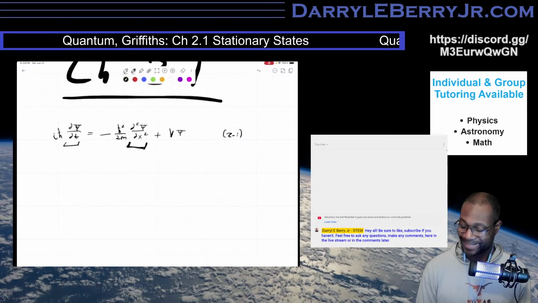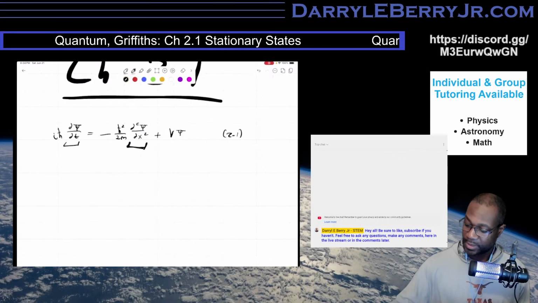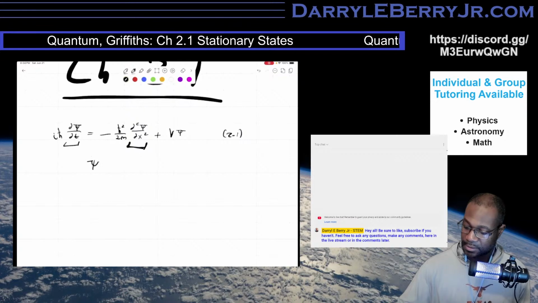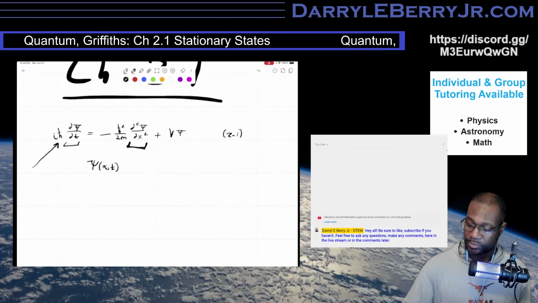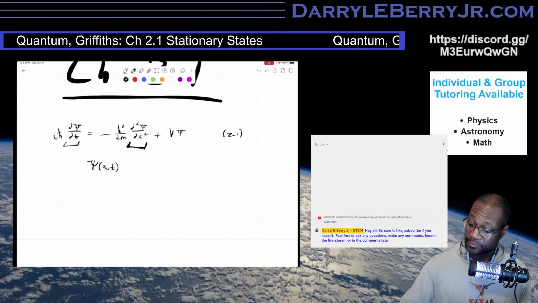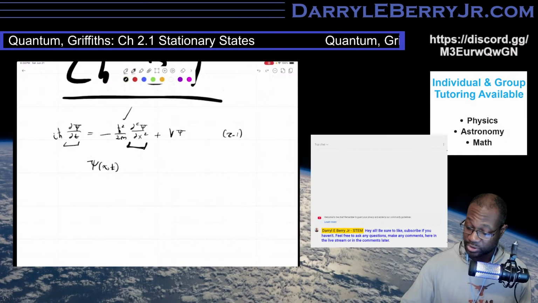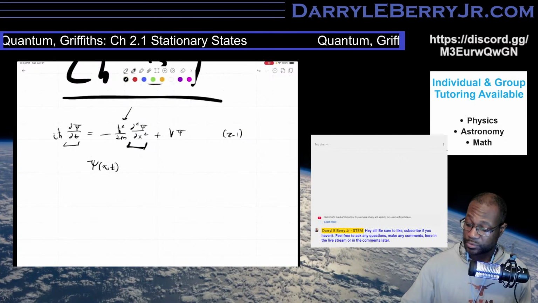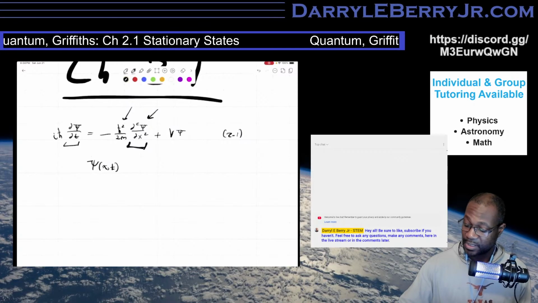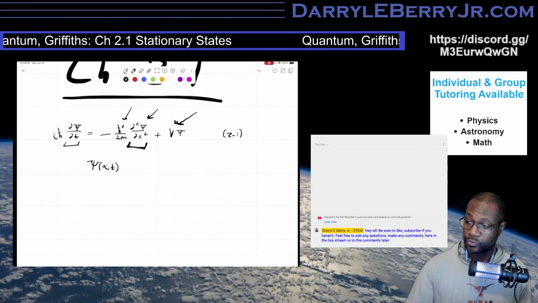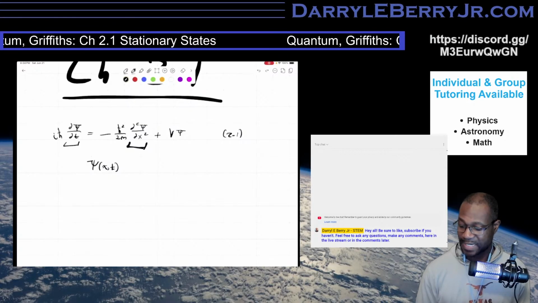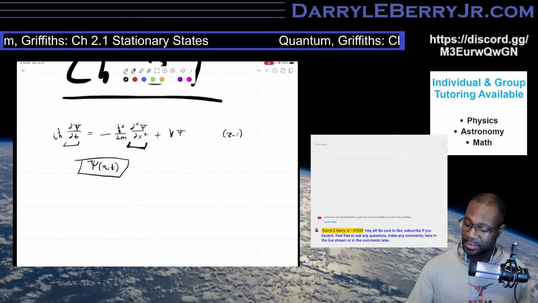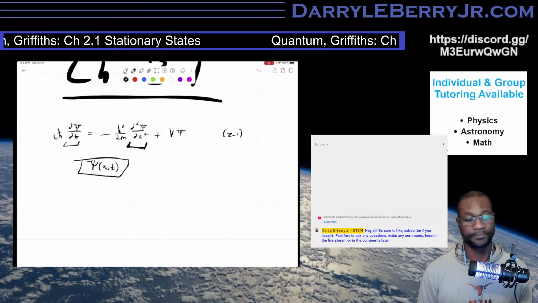So we need to find a psi of x and t that when you multiply it times i h bar and take the first derivative of it, it equals the same thing as if we multiply it times h bar squared over 2m and take the second derivative of it and sum it with the potential times psi. So basically we're trying to find a psi of x and t that solves that equation.